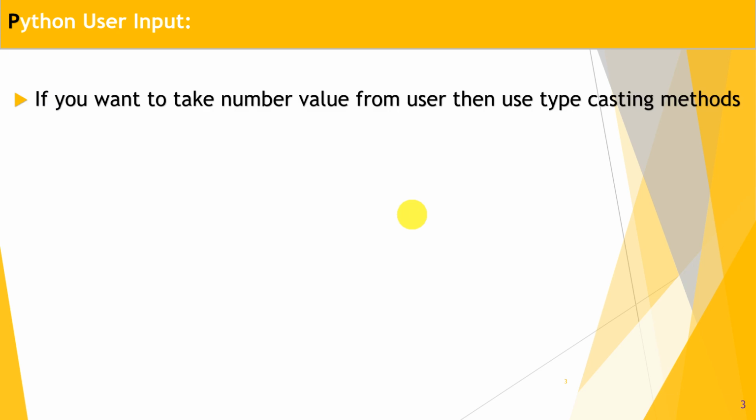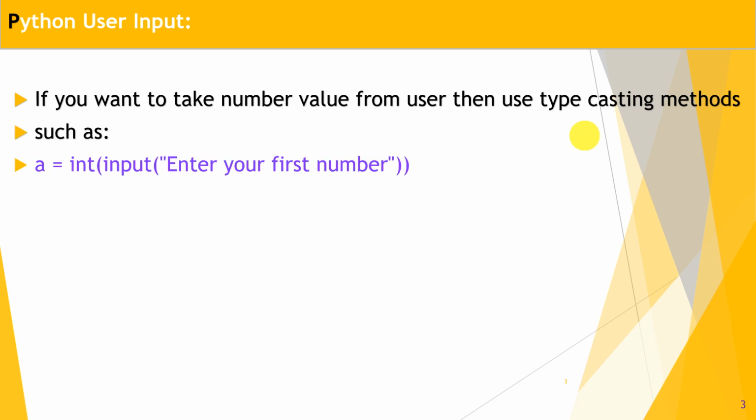If you want to take number values from the user, then use typecasting methods such as input, enter your first name, and then you can typecast into whatever data type you want. If int, you can use the int method to typecast string into int. Float, these are the different methods available.